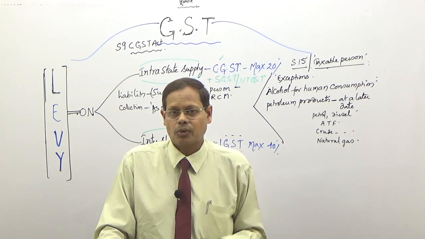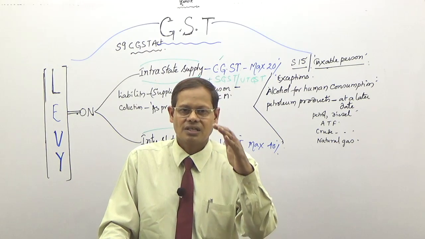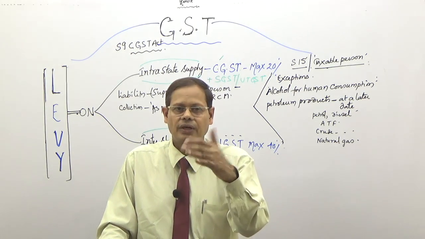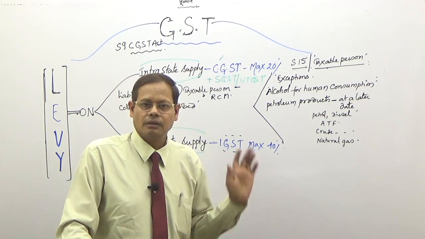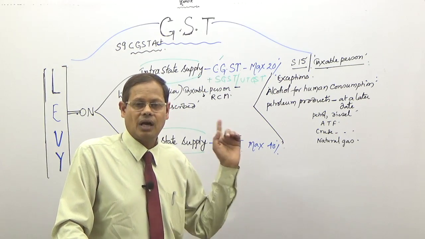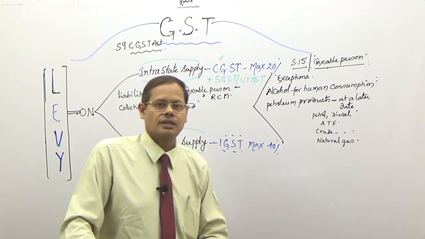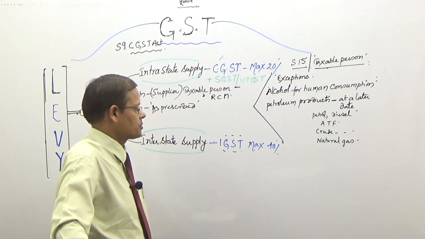What about all other products imported? Now IGST is payable. That is what the proviso to section 5 of the IGST Act is talking about. So, when goods which are liable under GST laws are imported, IGST is payable on them. That is what has been specified.